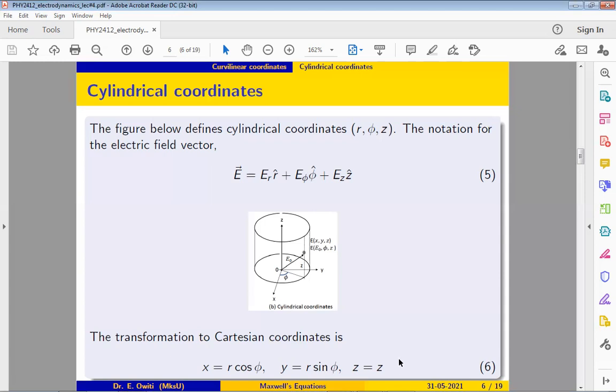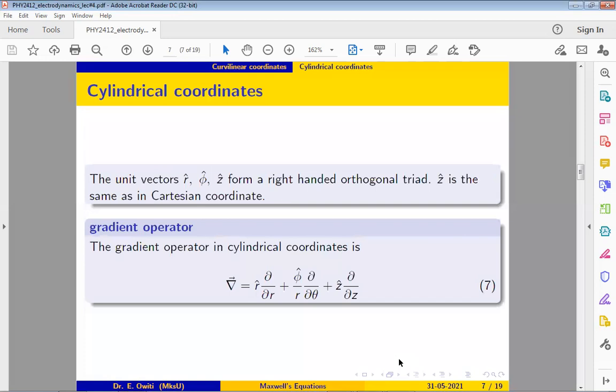So let's proceed. The unit vectors r, phi, and z form a right-handed orthogonal triad. z is the same as in the Cartesian coordinate system. The gradient operator in the cylindrical coordinate system is not the same as in the Cartesian coordinate system. This one is slightly unique.